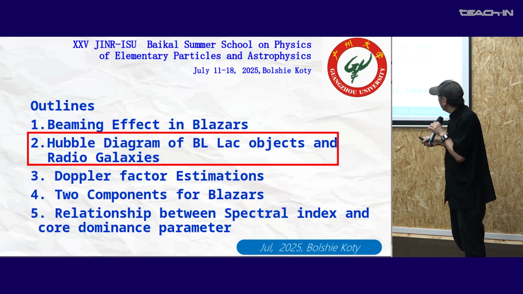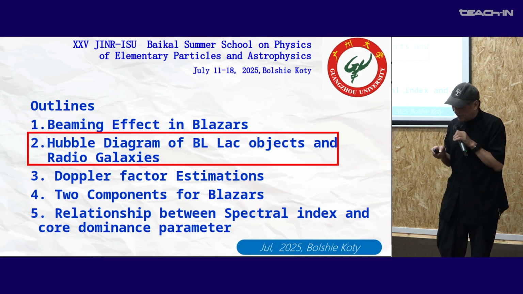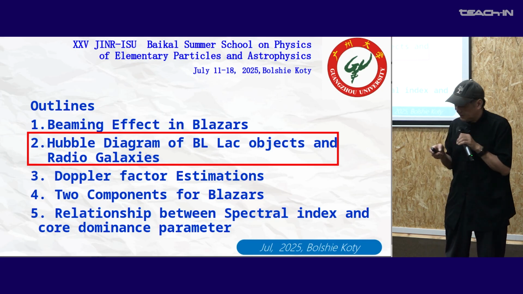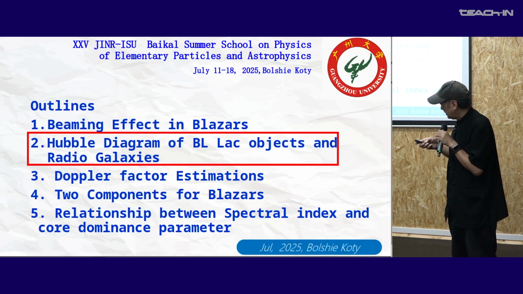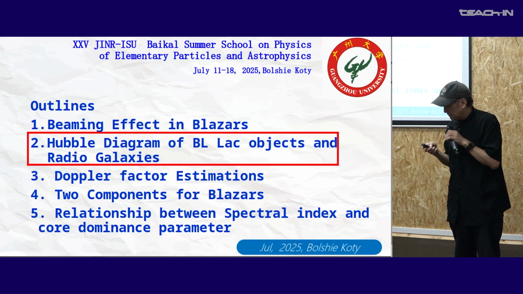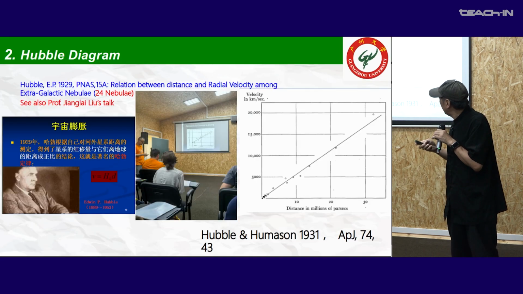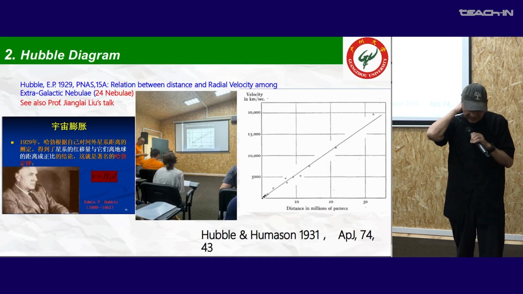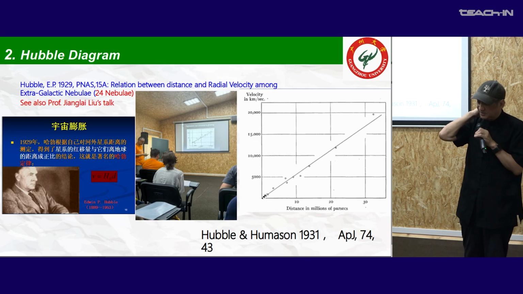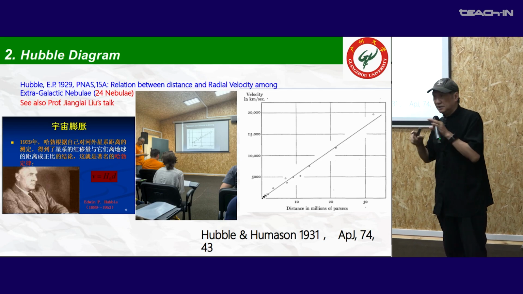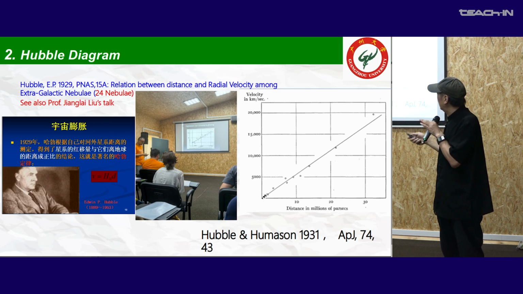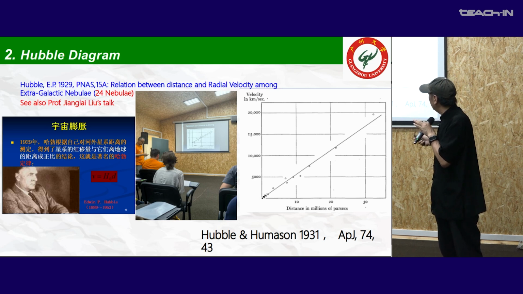Okay. Now I go to the Hubble diagram of Blazar objects. Yesterday we talked about the beaming effect, some beaming factor, and we also remember that on the first day Junhui Liu talked about the Hubble relation.